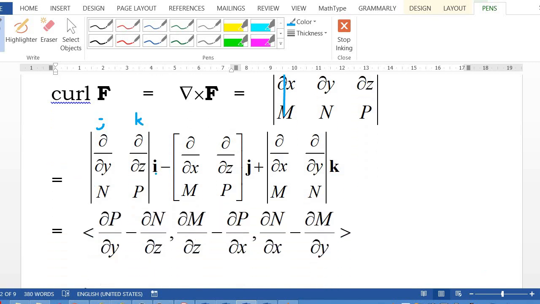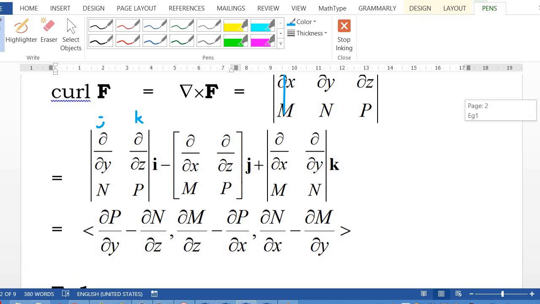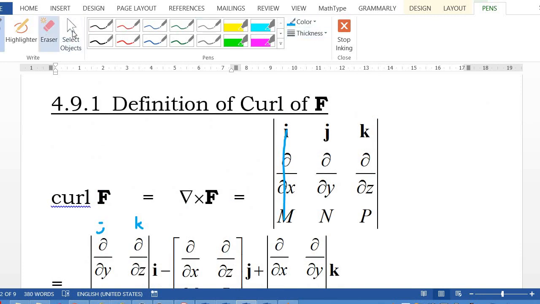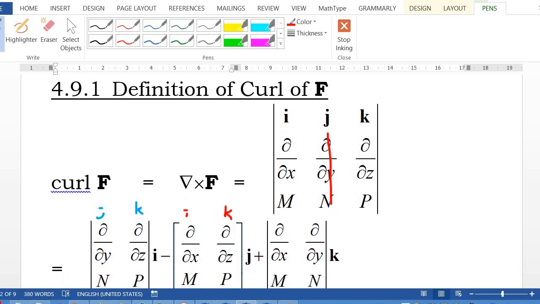So for your component i you have ∂/∂y of P minus ∂/∂z of N. For component j, you close column j, so you have i cross k. I cross k gives negative j. Then copy it down.